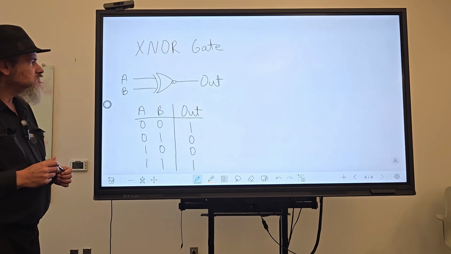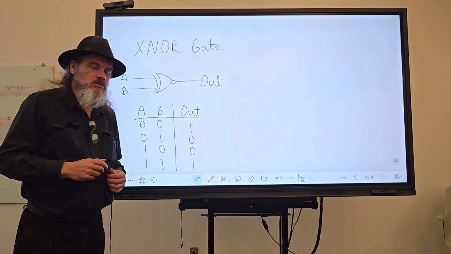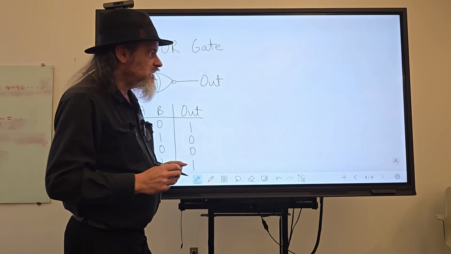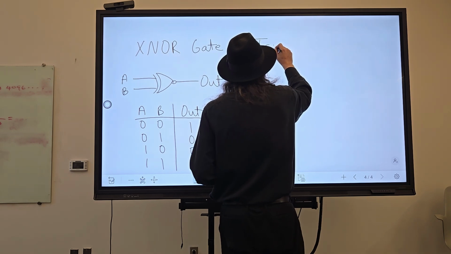The eighth gate that we're going to be needing to use is the tri-state buffer.